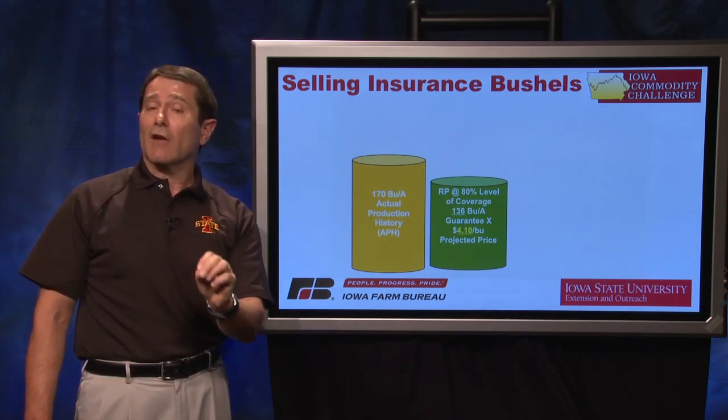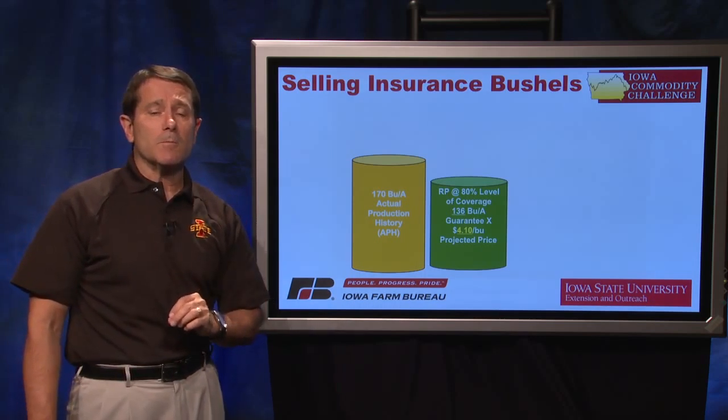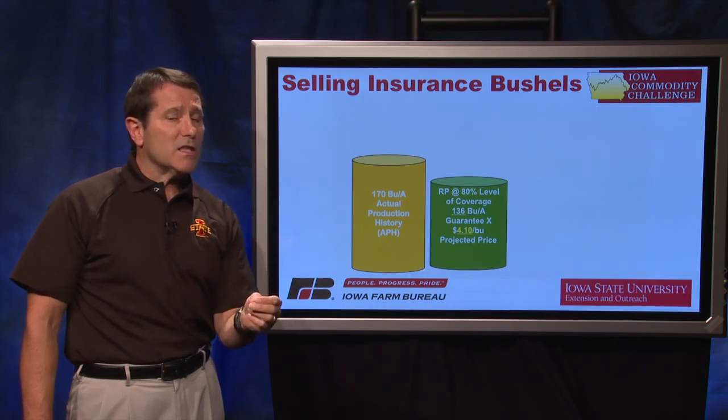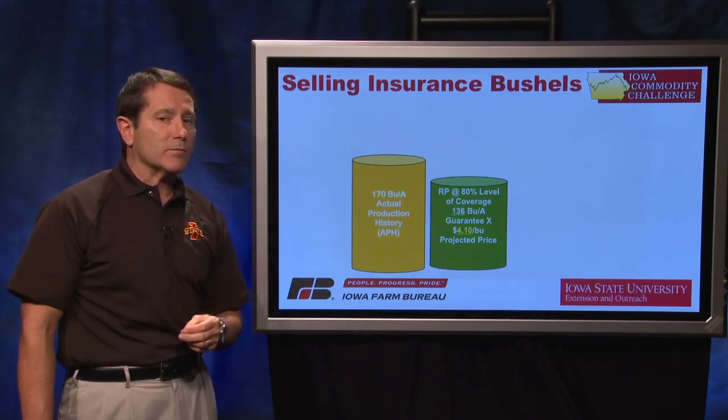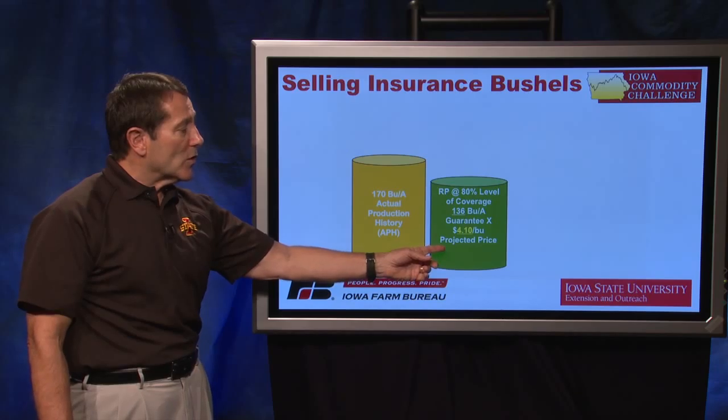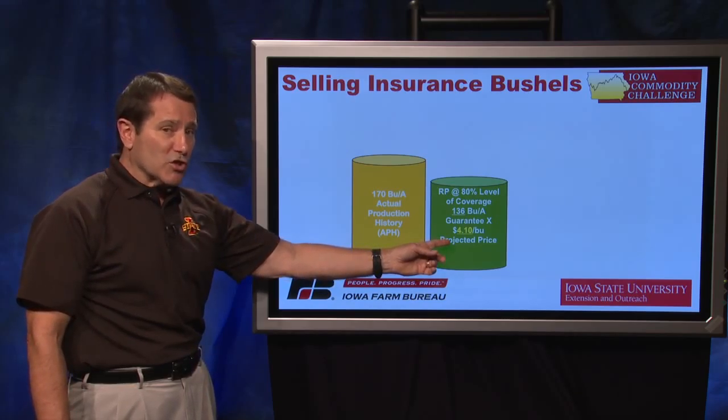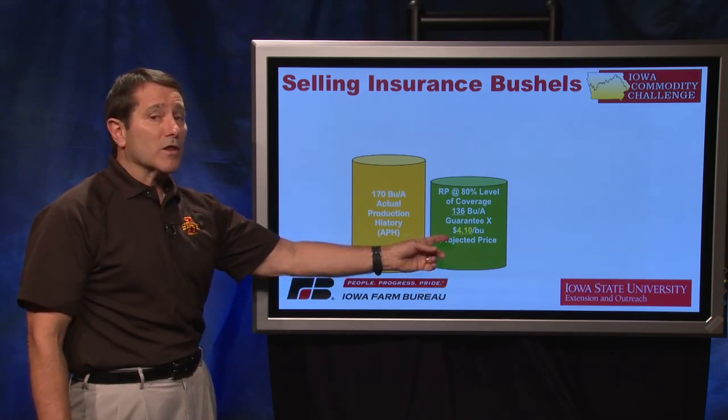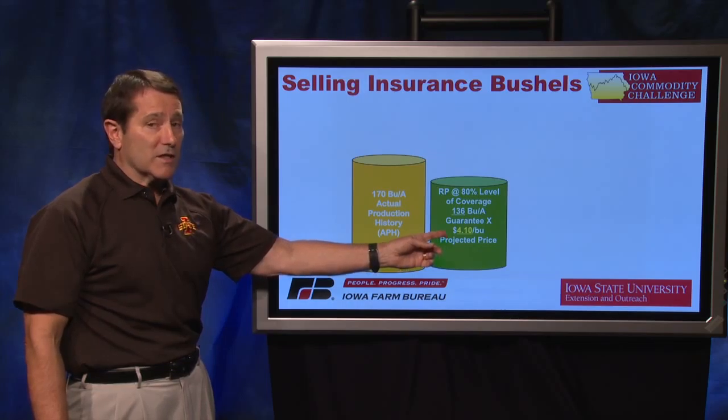Those bushels are guaranteed. For crop insurance purposes, you have guaranteed bushels, and using revenue protection, you also use what we call the projected price, or the February average for December corn futures for 2015.